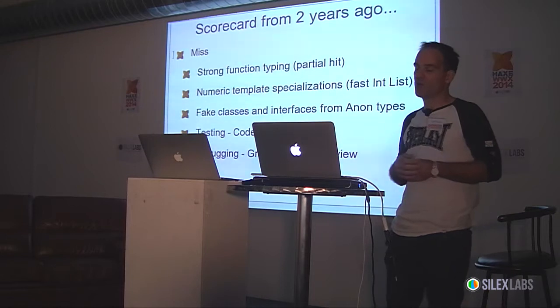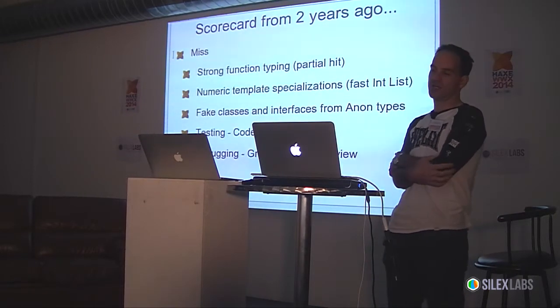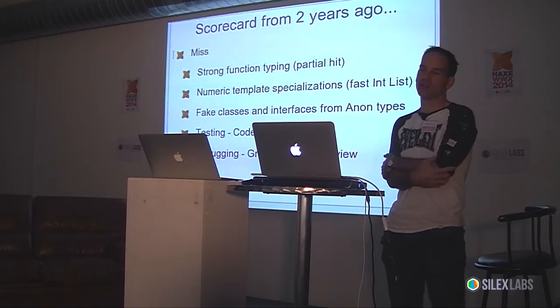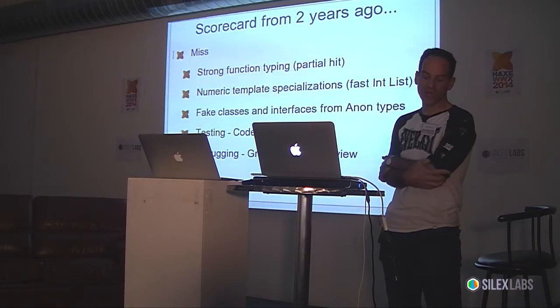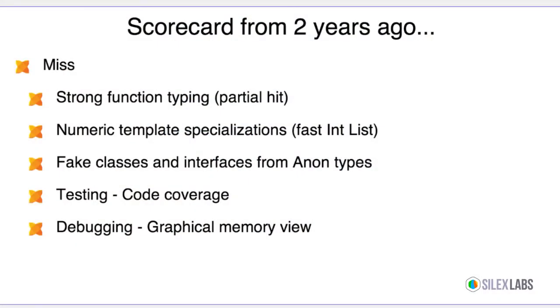Some things didn't work out quite as well as I was hoping. Strong function typing was something I had said I might like to look at. Currently, if you use a function pointer, it will effectively box all the input and output parameters. Now with the CPP function, it's a sort of partial way of doing native strongly typed function pointers.